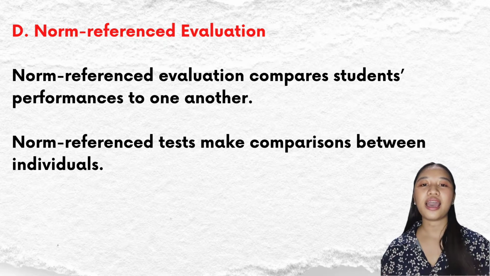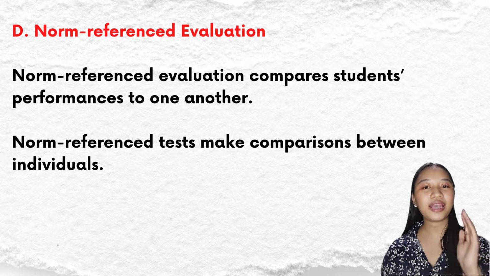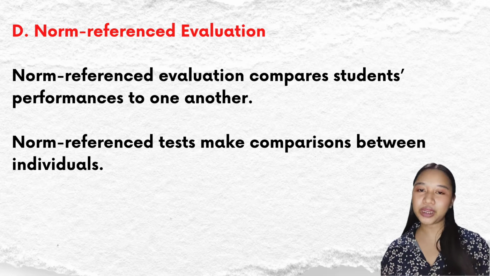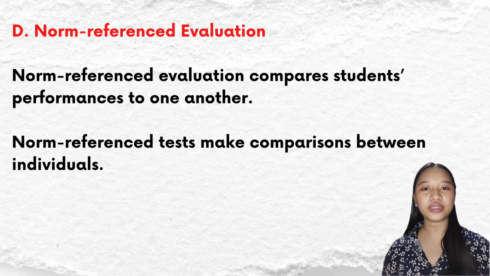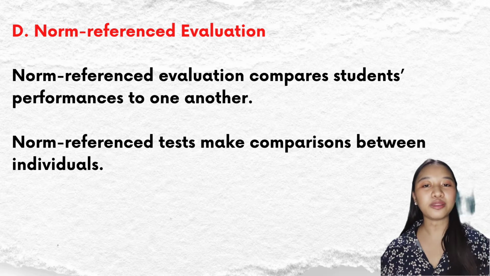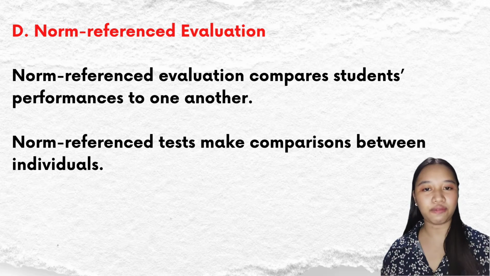For instance, a student's assessment score could be compared to the scores of students in the class. Another example, a student's assessment score could be compared to the scores of students who took the same course in previous years. In short, remember that norm reference tests make comparisons between individuals.